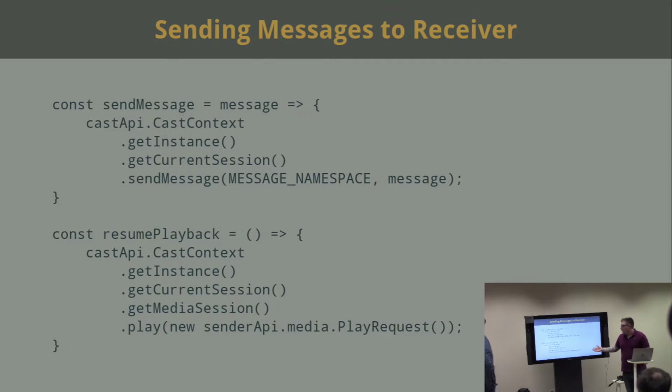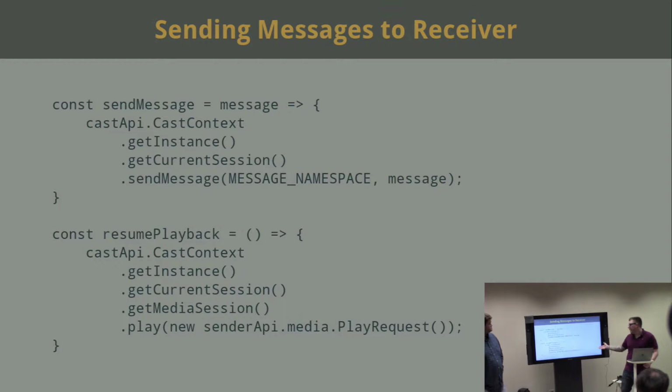Another way, for media, the media itself has a bunch of built-in functions for play content, pause, seek, change volume, things like that. For each one of those, there is a specific request you have to create. Something like a volume change request, you have to give it the new volume value.